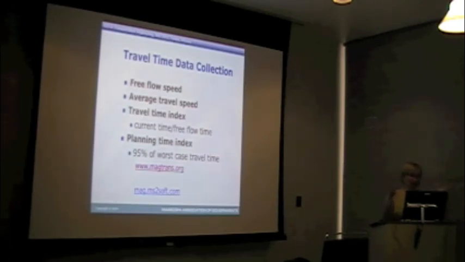It divides the current speed by the free flow speed, and the best value we can have is 1, when people move at free flow speed. The more congestion there is, the higher the number would be for the travel time index. Another measure for level of congestion would be the planning time index, and on this site, if you push on a particular part.